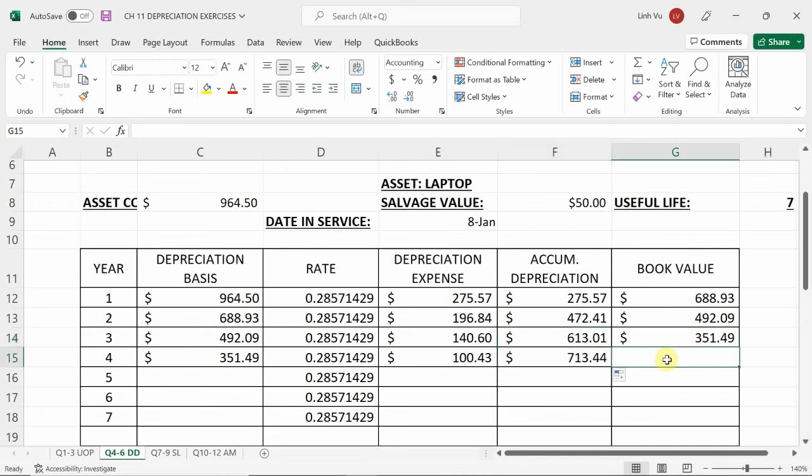Book value. $251.44. Oh, six. Excuse me. 2516. Okay.